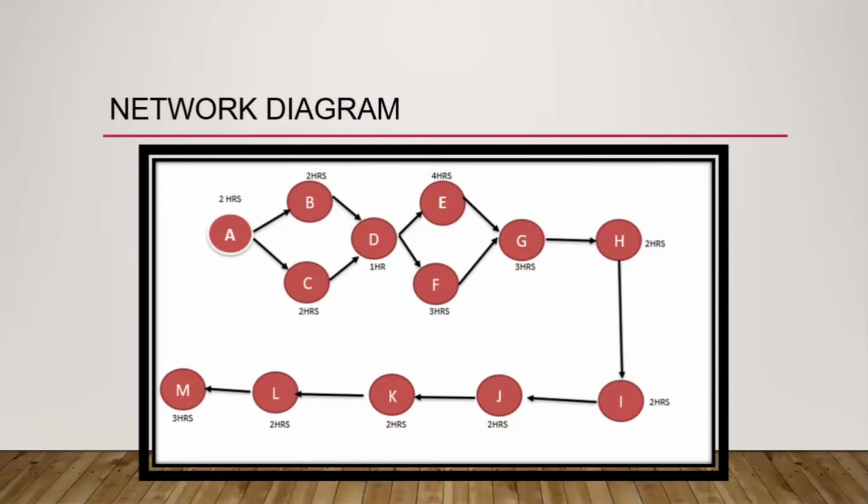E and F go to G, which is 3 hours, and G goes to H, which is 2 hours, and H goes to I, 2 hours, and I goes to J, 2 hours, J goes to K, 2 hours, and K goes to L, 2 hours, and lastly is M, 3 hours.